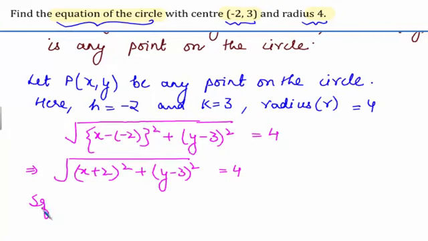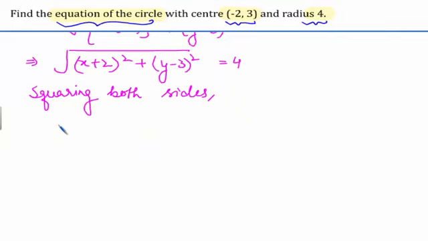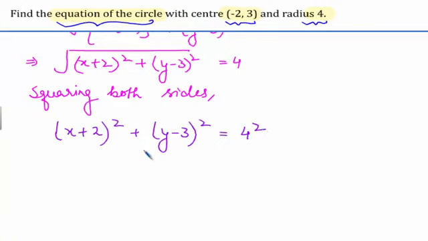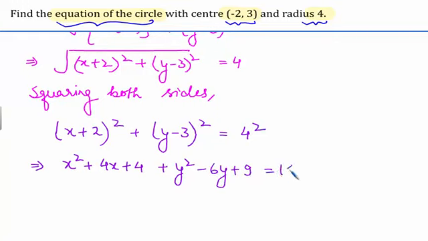Now squaring both the sides, the root on the left hand side goes off and this becomes (x plus 2) whole square plus (y minus 3) whole square is equal to 4 square, which implies that x square plus 4x plus 4 plus y square minus 6y plus 9 is equal to 16.